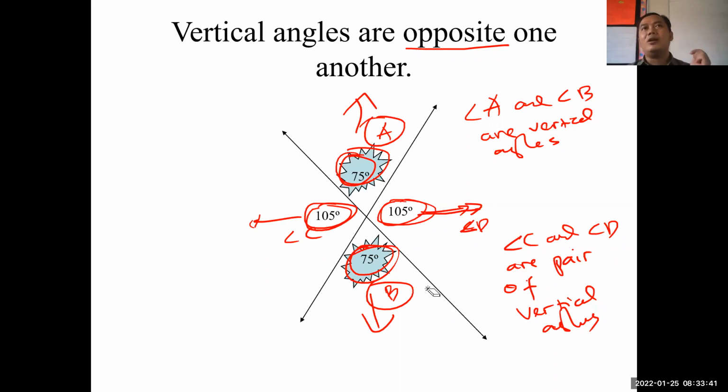Misalnya satu ke atas, satu ke bawah ya berarti itu adalah pair vertical angles. Jadi kalau misalnya saya bilang, Pak, apakah C dengan A vertical angles? Ya enggak gitu. Karena C sama A kan tidak berlawanan arah. Yang satu ke kiri, yang satu ke atas. Kiri itu lawannya bukan atas, tapi kiri itu lawannya adalah kanan. Jadi kalau dia opposite berarti dia baru punya pair of vertical angles. Ya, oke?